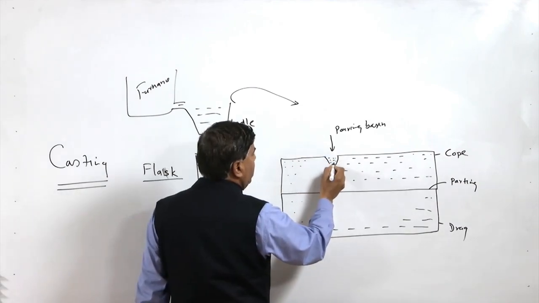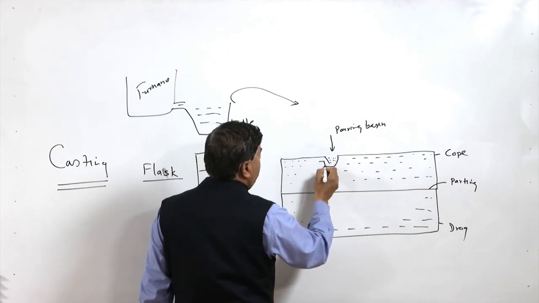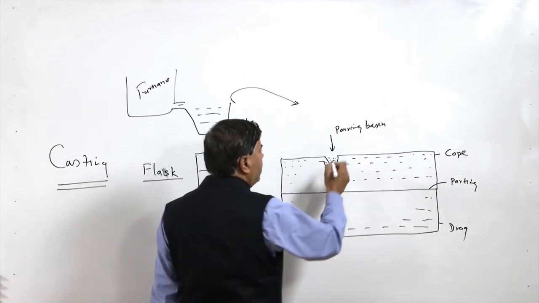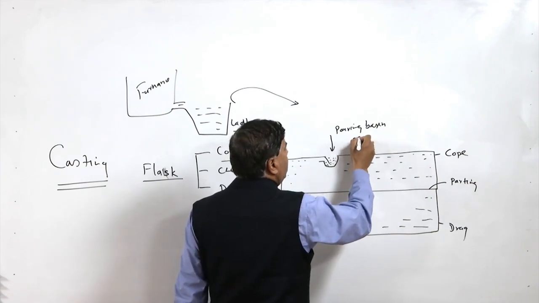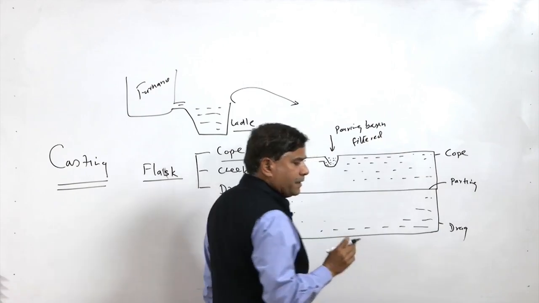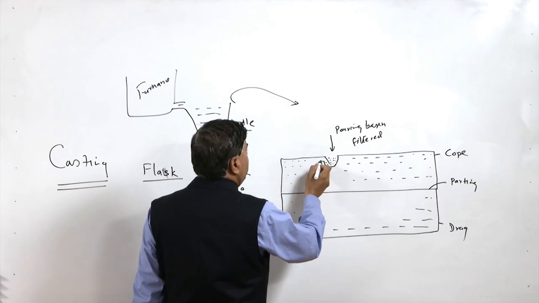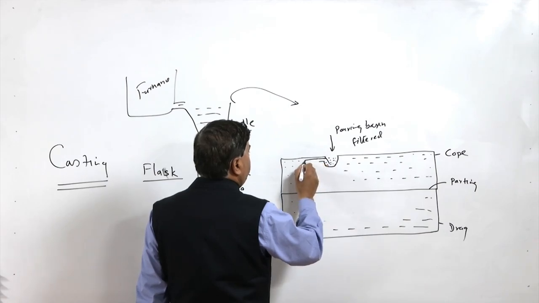So, molten metal will be coming here, and the pouring basin is designed in such a way that the impurities are filtered, like the oxides, slag, dross, etc. Thereafter the molten metal flows into the sprue.